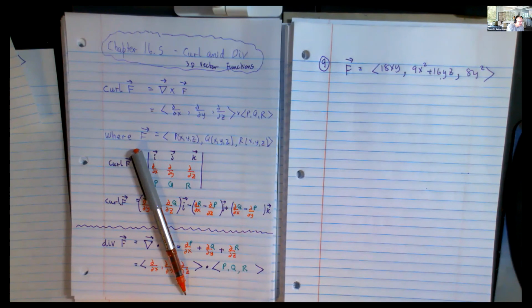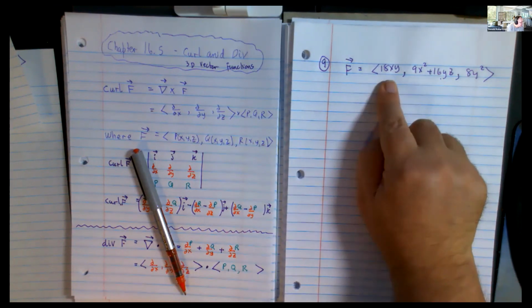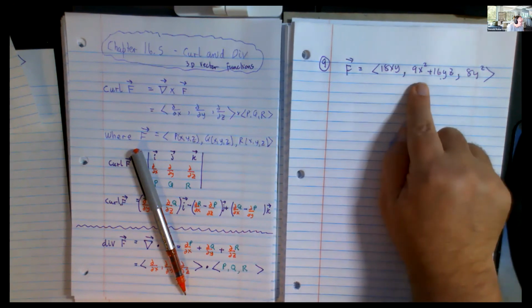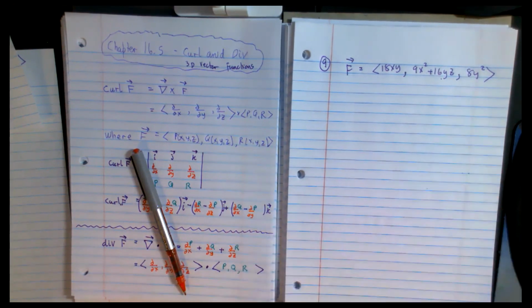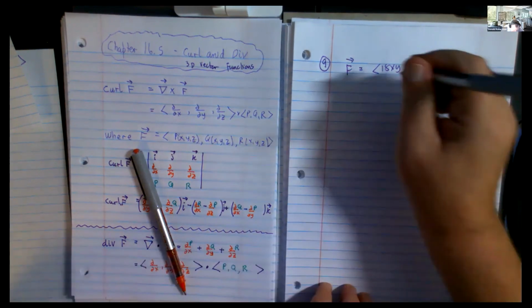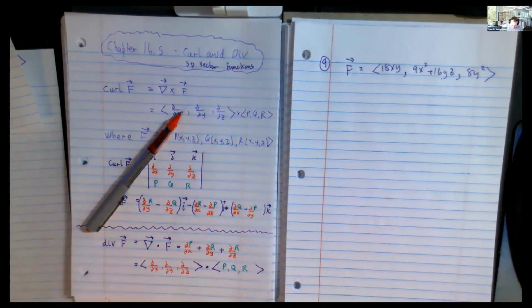Are we good? Let me double check, because all I need to do is put a 2 in the wrong place and it won't be a conservative field. Okay, we are ready to rock and roll. This one, according to the solution, is a conservative field.